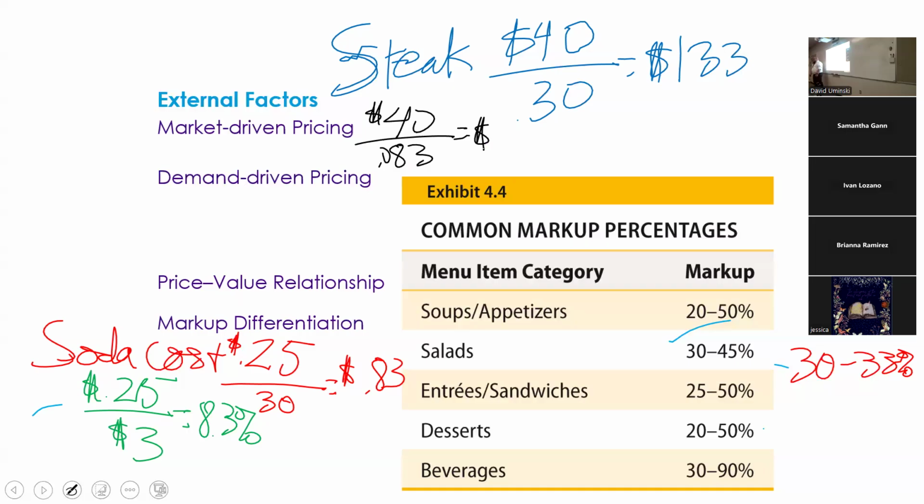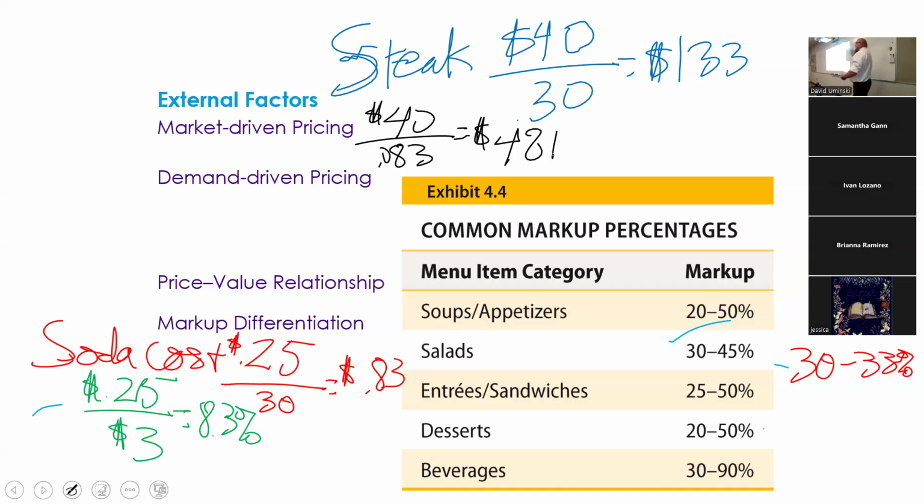What'd you get, Daniel? So $40 divided by 0.083. Go, Jasmine, go ahead. 481? All right. $481. How many of your guests do you think you're going to be spending $481 on one steak?